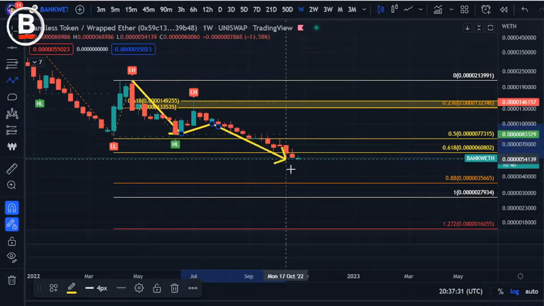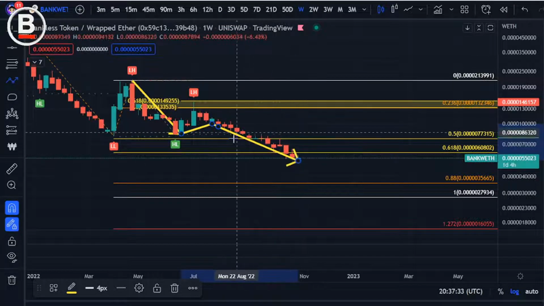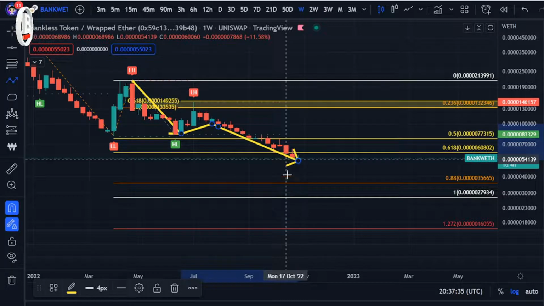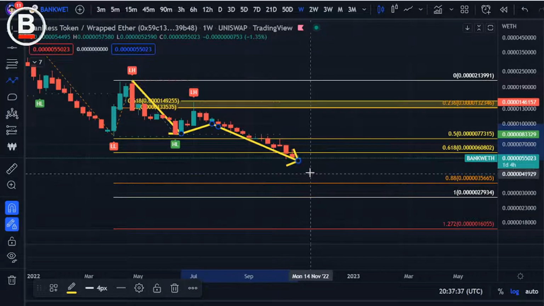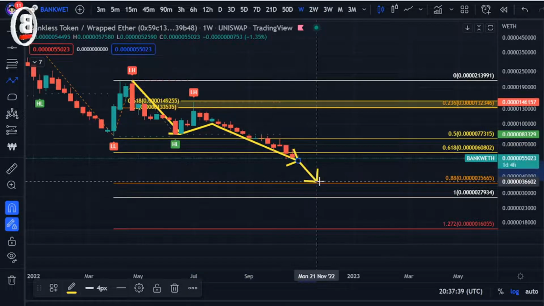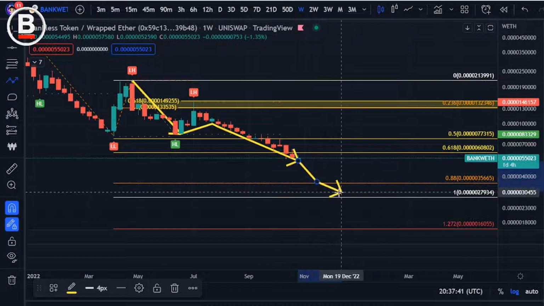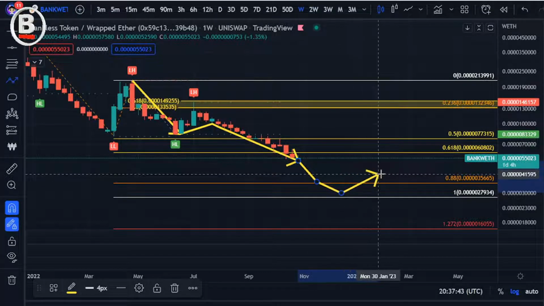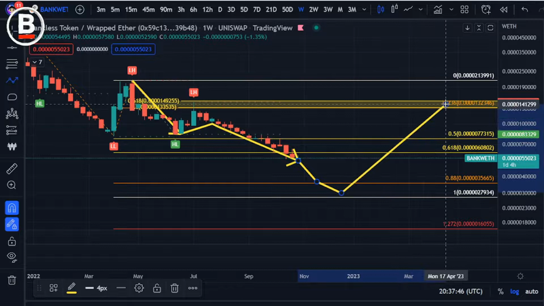And so the price continues to go down until the price hits another value area, and then algorithms start buying it back up.